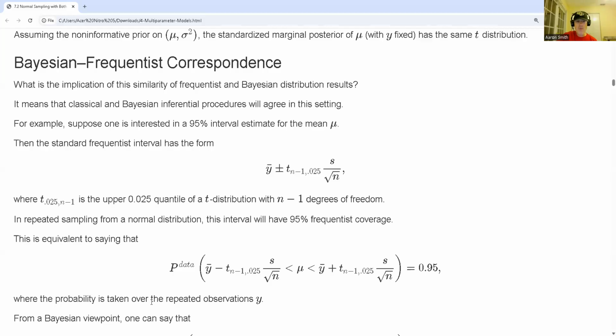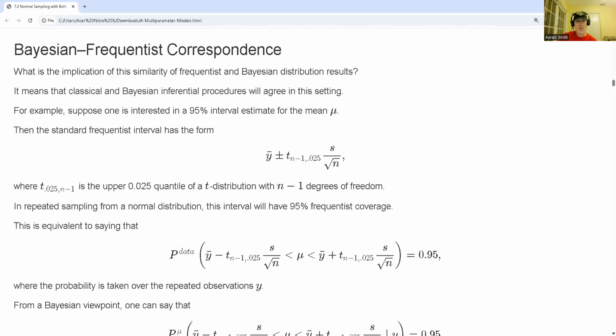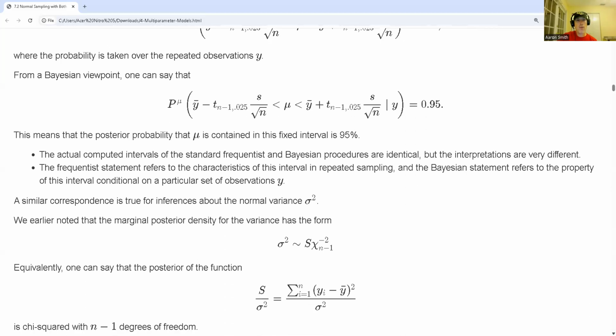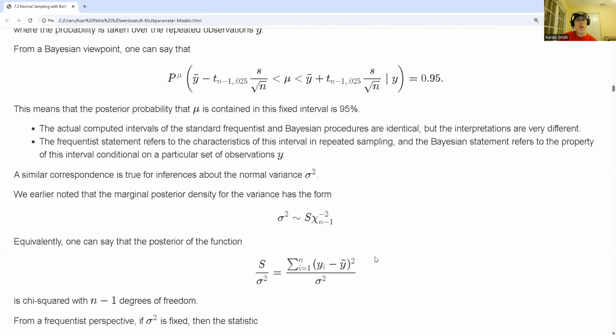Now, from a Bayesian viewpoint, we could say that we've got y bar minus t times s divided by square root of n, and here y bar plus t times s divided by square root of n, and mu in the middle.